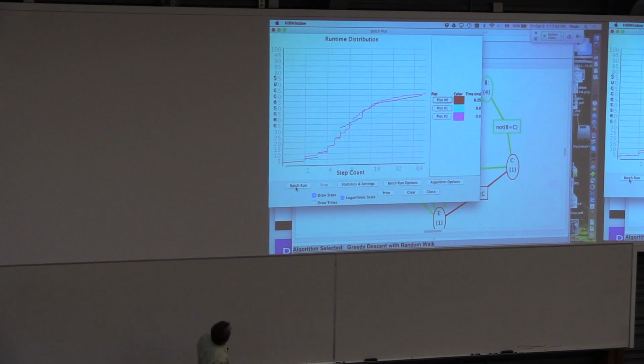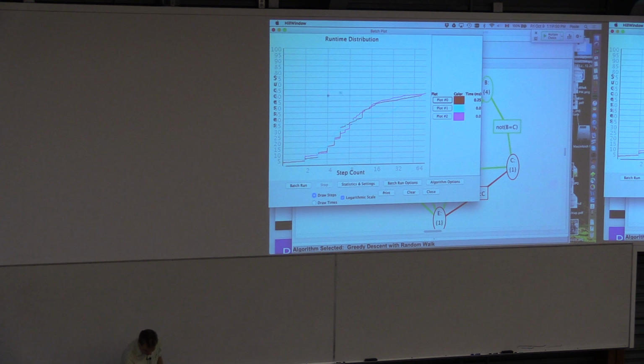So in fact, what proportion of them didn't stop? Who can see what proportion didn't stop? So these points here, around 60% of them didn't halt. So 60% of them halted.